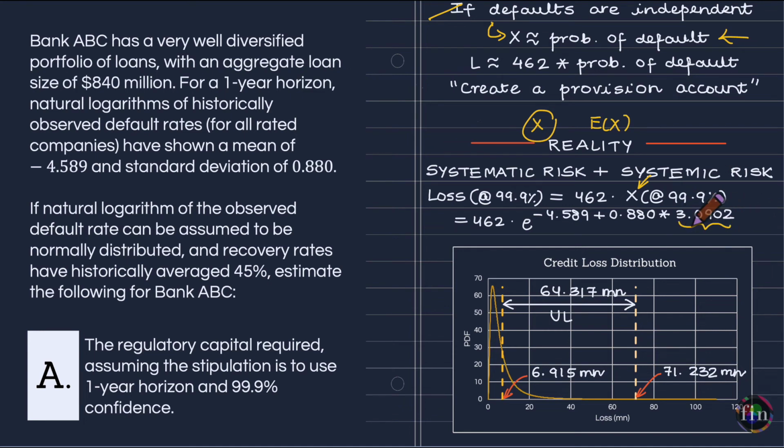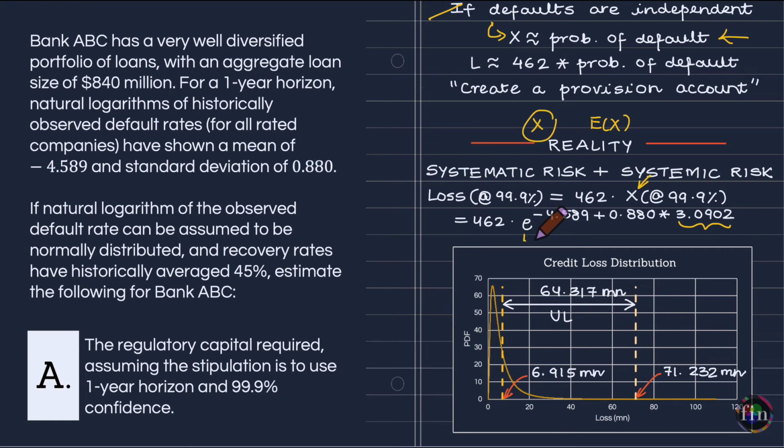Let that number be 3.0902. Multiply this number with 0.88, which is the standard deviation of the log of X, plus the mean of the log of X, and then exponentiate this entire number. And what you will get is the quantile of X corresponding to 99.9% confidence.